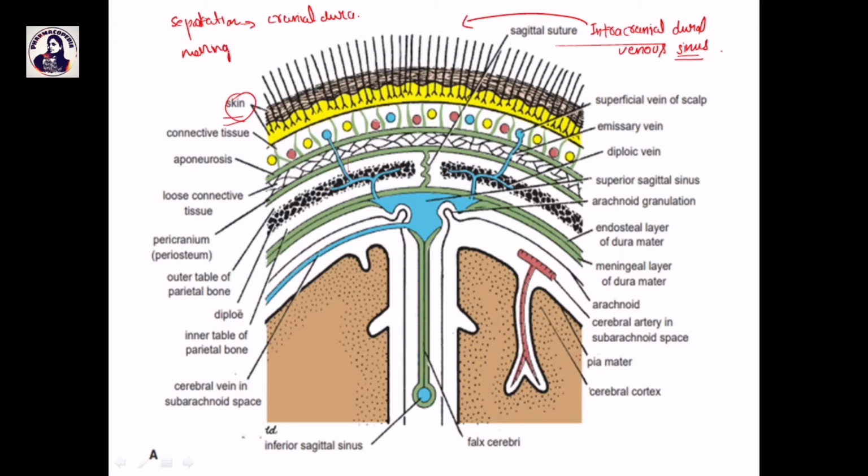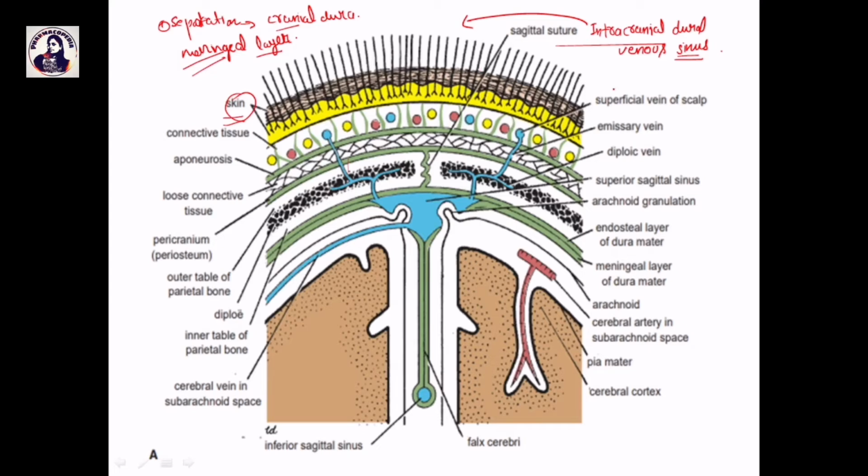Okay, this is just for your knowledge dear students, if you want you can skip it as well, but I'll be explaining it here. It is formed by the separation of the two layers of the cranial dura, and also it can be formed by the reduplication of the meningeal layers.